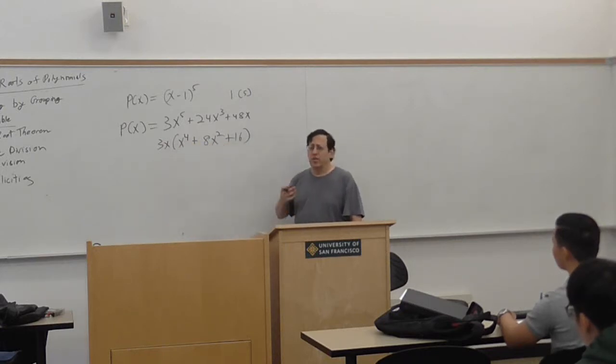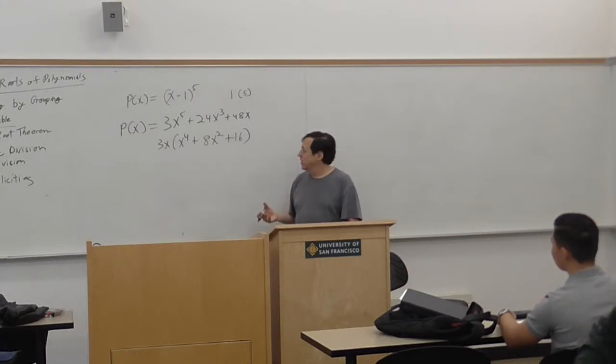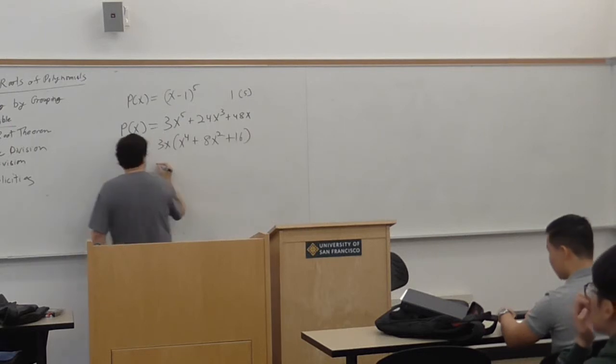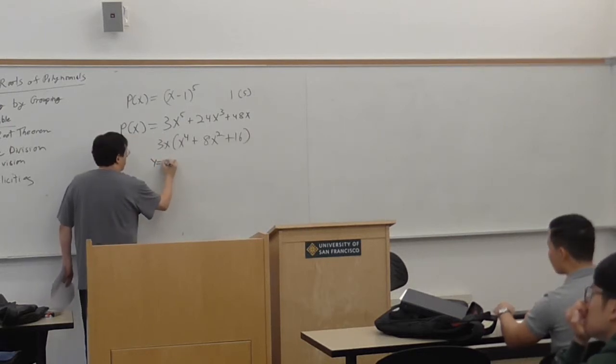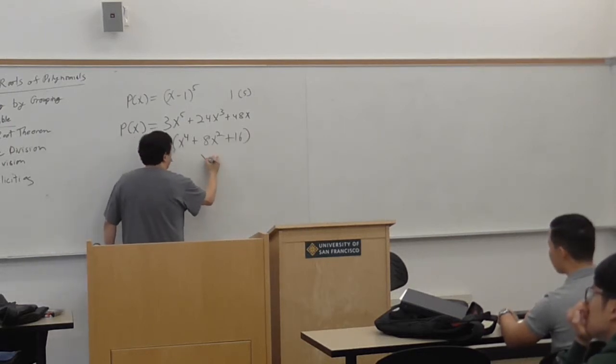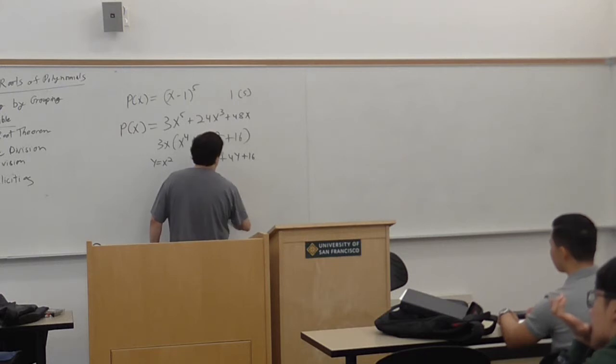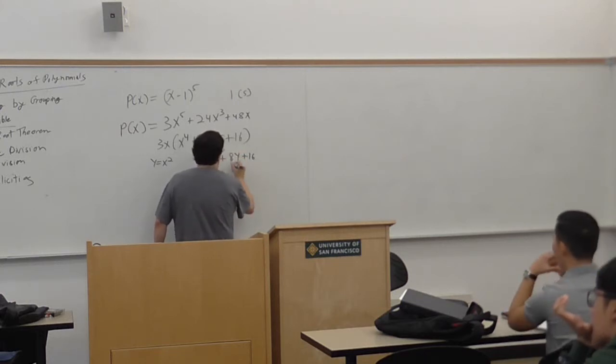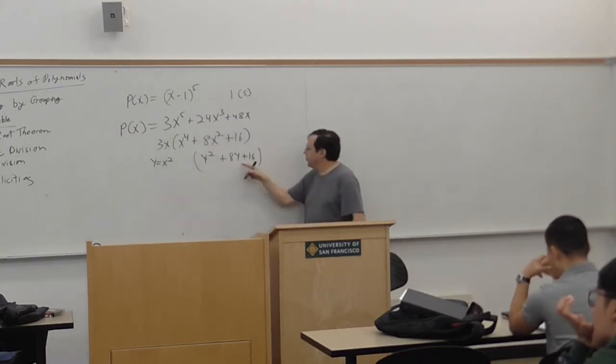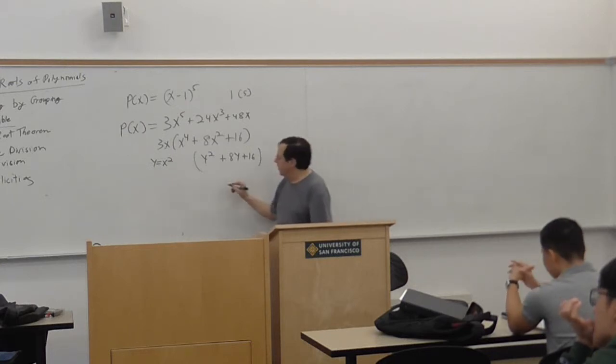Remember I mentioned a disguised quadratic, right? If I were to substitute y equals x squared, this would become y squared plus 8y plus 16. Oops, 8y. And then this is a perfect square, right?